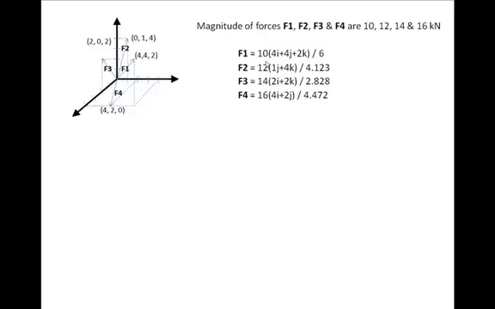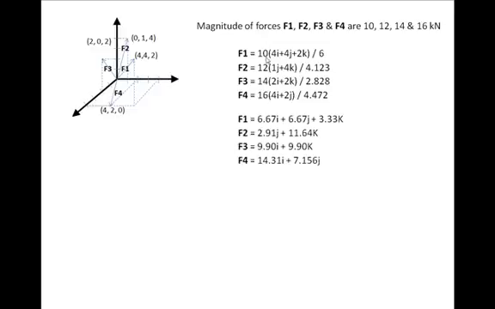So here what you have is F1, F2, F3, F4 all expressed as vectors, that is in terms of ijk. Now once we do this, resultant finding is very easy. All you do is say that the resultant vector is summation of F1, F2, F3, F4.